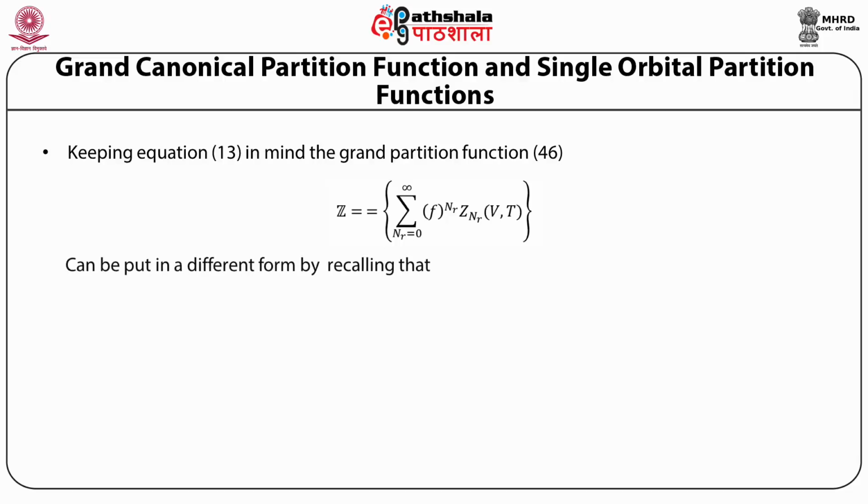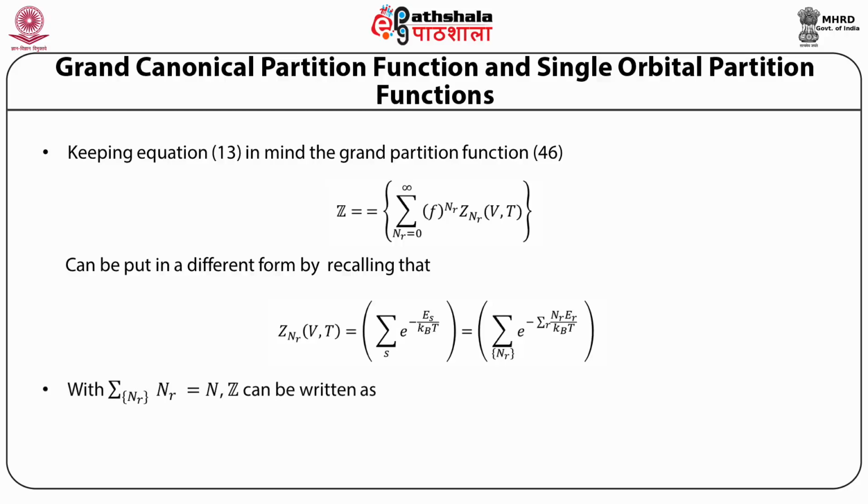It can be further put in a different form by recalling that Z_{N_r}(V, T) is equal to the summation over s of e^{-E_s/k_BT}, which is equal to the summation over {n_r} of e^{-Σ_r n_r ε_r/k_BT}, with the summation over the set {n_r} of n_r equal to the total number of particles.